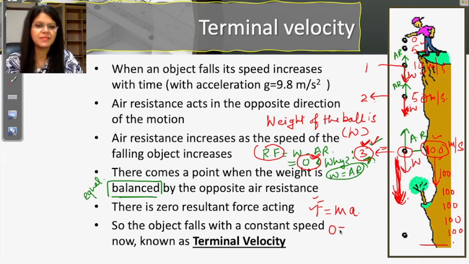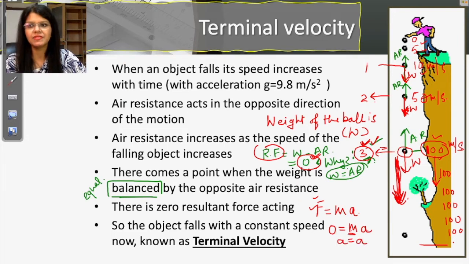Force has become 0, mass times acceleration. Can any object exist with a 0 mass? No. There cannot be any object which has 0 mass. So if m times a has to be 0, when is it possible? Only when a is equal to 0. Sorry for the mistake. Only when a is equal to 0.